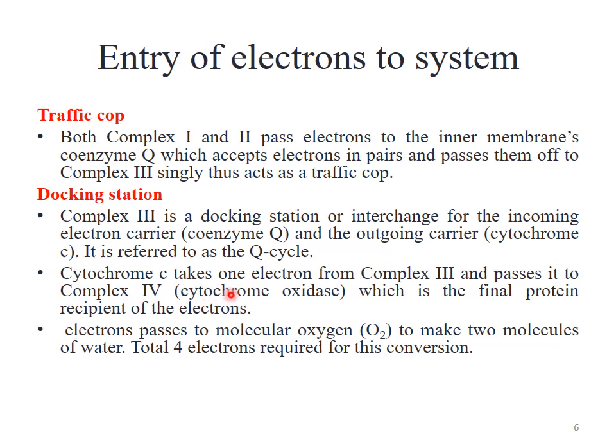Cytochrome C takes one electron from complex 3 and passes it to complex 4, cytochrome oxidase, which is the final protein recipient of the electrons. Electrons pass to molecular oxygen to make two molecules of water, and a total of 4 electrons are required for this conversion.